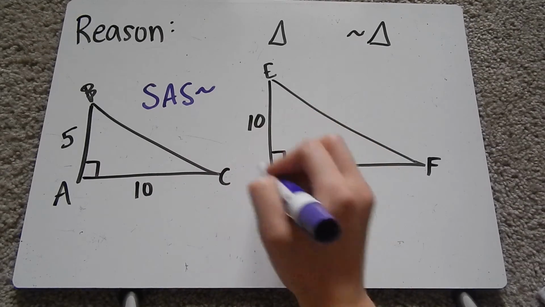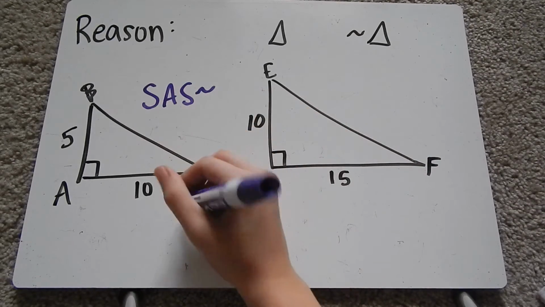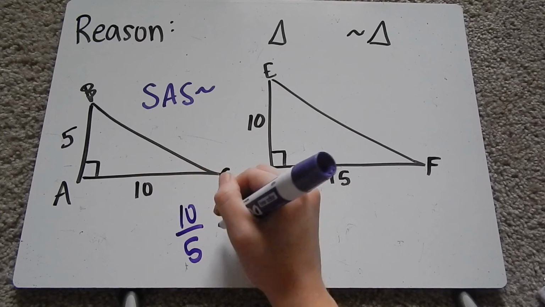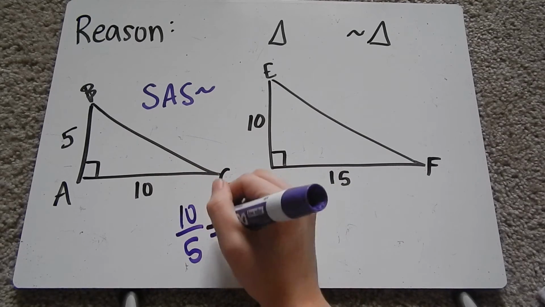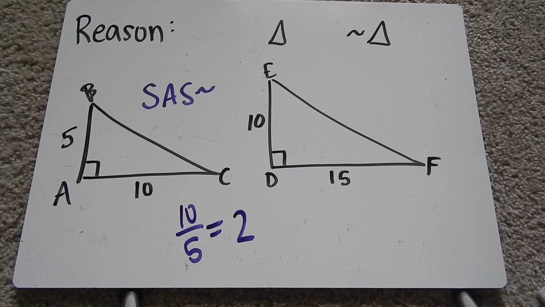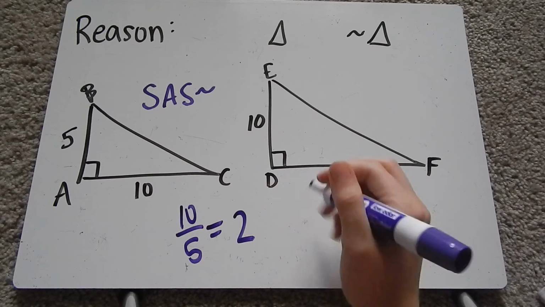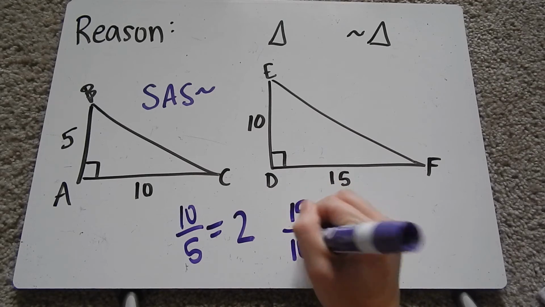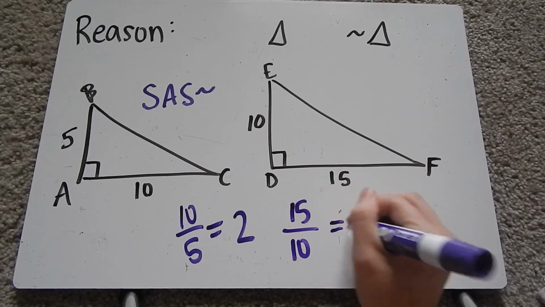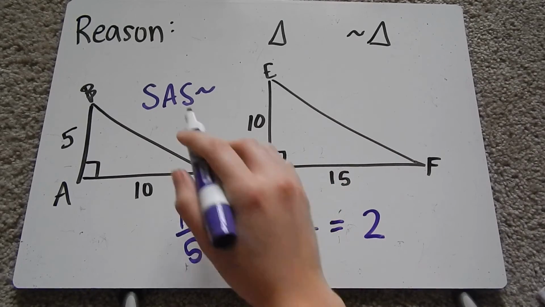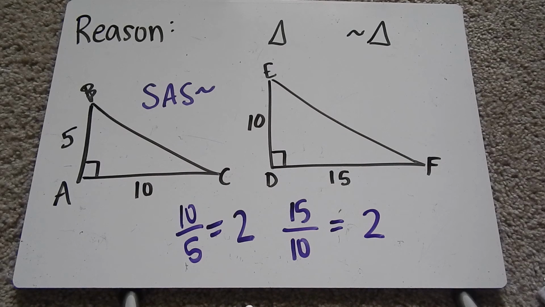So for this triangle to this one, I have 10 over 5. Okay, that, if I reduce it, equals 2. So if I take side DF to AC, 15 over 10, that also needs to equal 2 for these to be similar triangles.